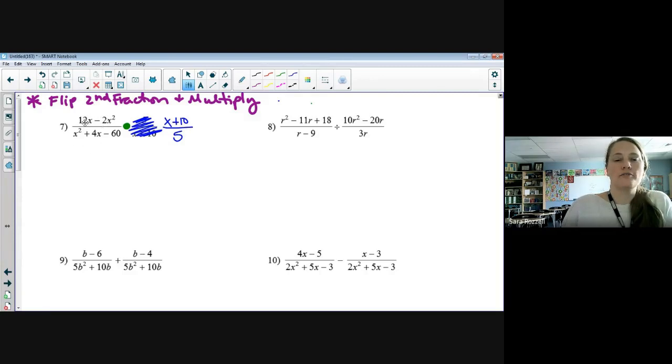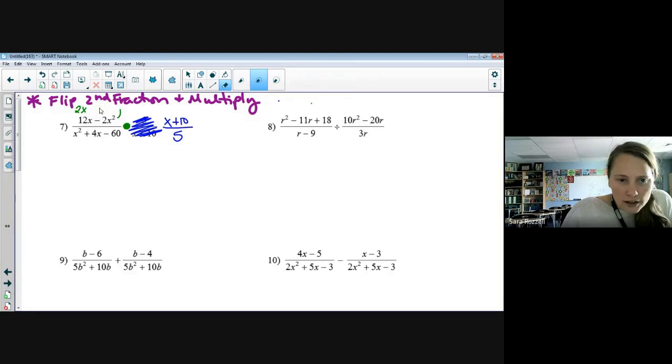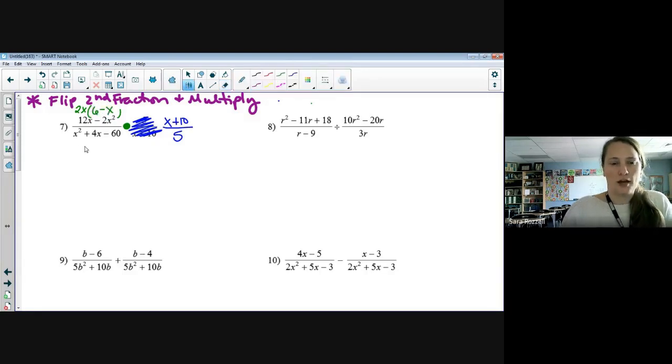What can we pull out of both of the numbers on the top? An x and a 2. So I'm going to pull 2x to the front. And that's 6x minus x. No, 6 minus x, sorry. Okay.